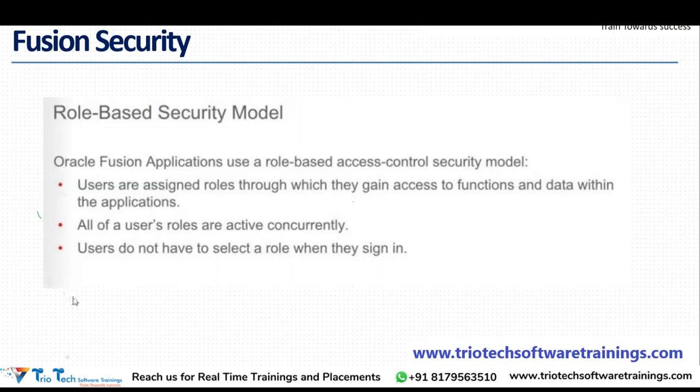That is why it is called a role-based security model. Oracle Fusion uses a role-based access control security model. Users are assigned roles through which they gain access to functions and data within the applications.